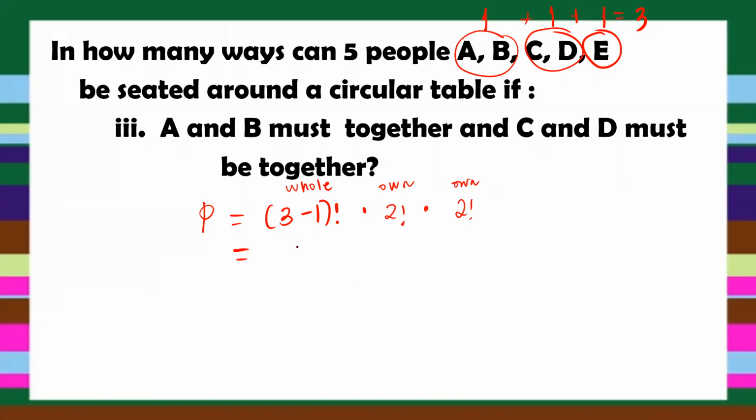So we have 3 minus 1 is 2 factorial times 2 factorial times 2 factorial. So what will be my answer here? 8. So there are 8 arrangements, or there are 8 ways for us to arrange them. Okay? Meron pa ba? Okay, wala na.